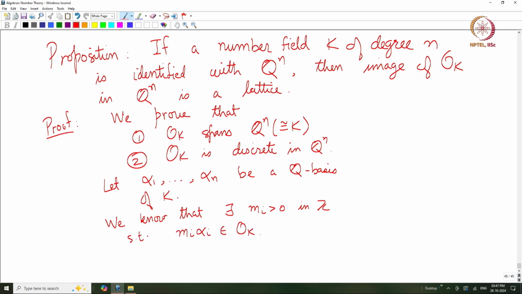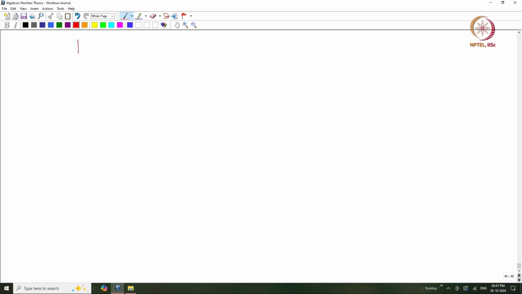This is one of the things we proved about rings of integers, and hence m1 alpha 1 up to mn alpha n is a Q basis of K, and all these are elements of OK. Therefore, OK spans K. So, that proves 1.